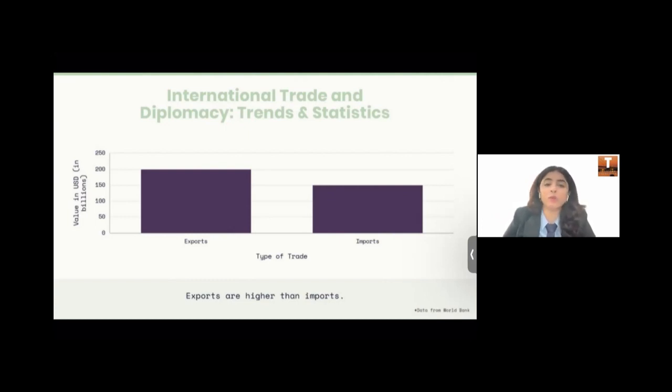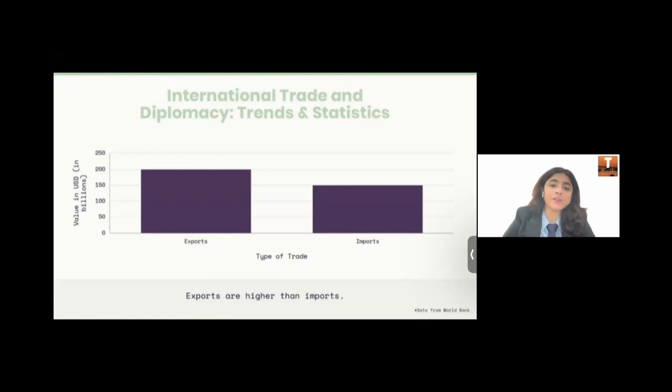Now talking about diplomatic engagement. Diplomatic efforts have become increasingly important in addressing global challenges. Diplomacy, as I said earlier, plays a very crucial role in negotiating trade agreements, resolving disputes, and promoting cooperation.